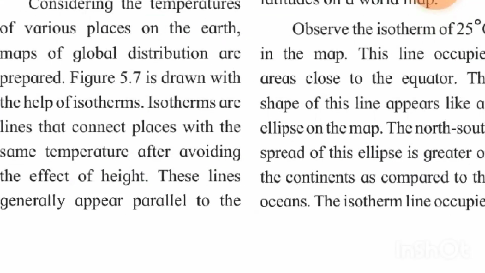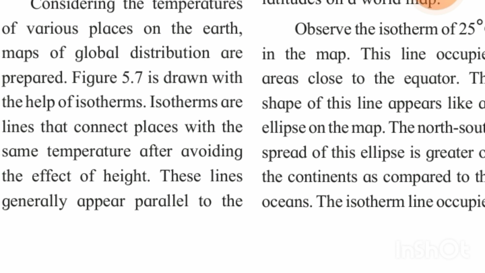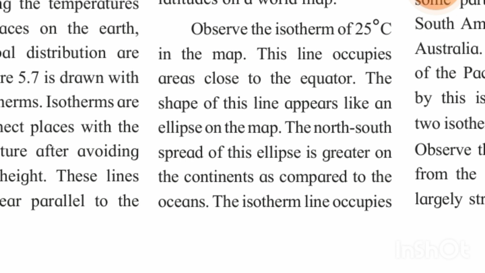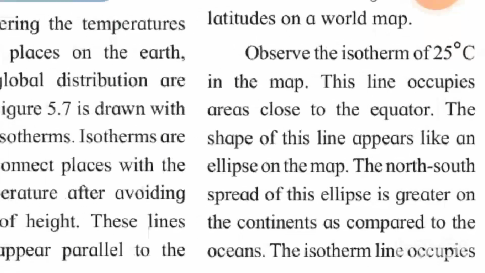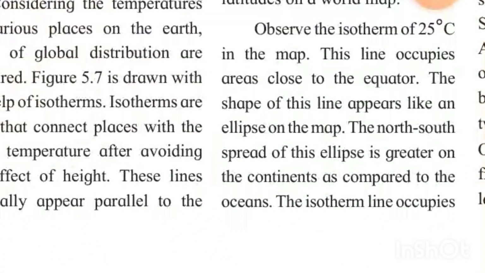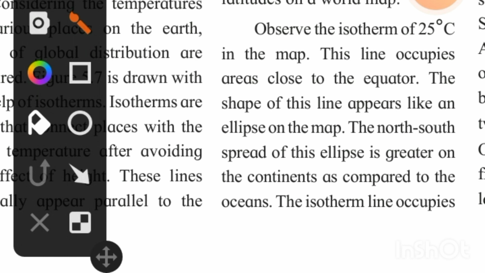This is an isotherm, and this line generally appears parallel to the latitude on the world map. We will not say exact parallel, but it generally appears parallel, because you can see this is the equator, so it's kind of parallel, but not a straight parallel. It goes a little upwards, then it goes downward, so we will call it generally parallel.